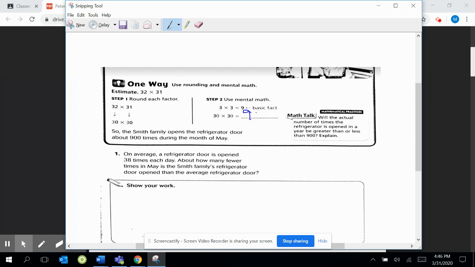Well, 3 times 3 is 9, and then we have 2 zeros there. So it's going to equal 900. 30 times 30 would equal 900. So the Smith family opens the refrigerator door about 900 times during the month of May.